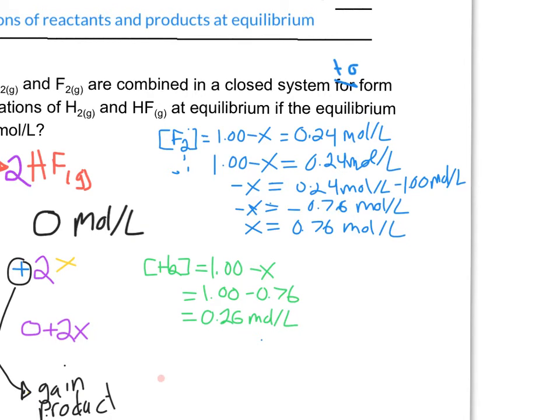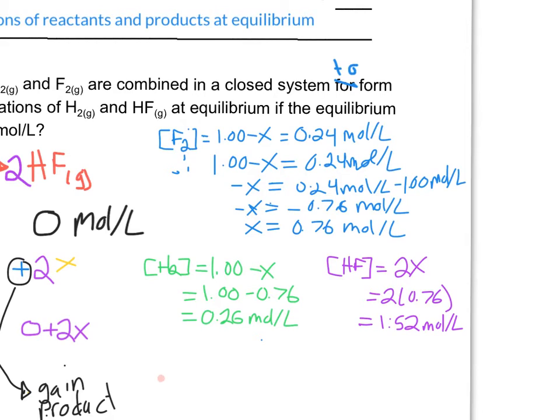We can do exactly the same thing to solve for the equilibrium concentration of hydrofluoric acid. But this time we know that it is going to be 2X, so we go 2 times 0.76, and we get 1.52 mole per liter.